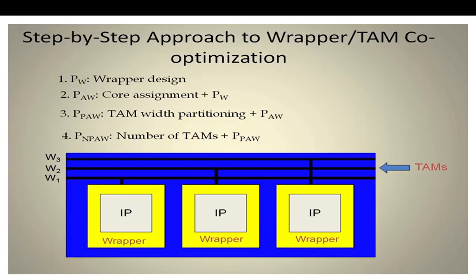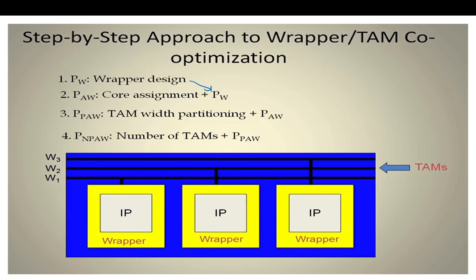Next, a step-by-step approach to wrapper and TAM co-optimization. First, to optimize, we will start with the wrapper design optimization, whereas the other parameters we consider as given and fixed. The next, in PAW, we consider the core assignment and the wrapper design for optimization.